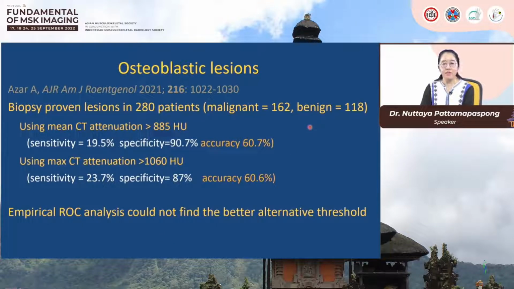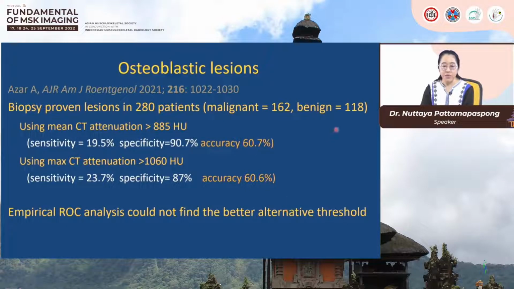This cutoff value also has limitations. In a setting of biopsy-proven cases, in this study, the accuracy dropped to 60%, both for mean CT attenuation and maximal CT attenuation value. But from this study, they could not find an appropriate new cutoff point.